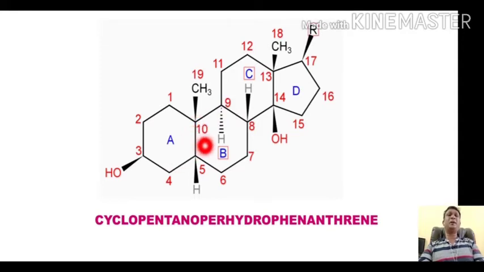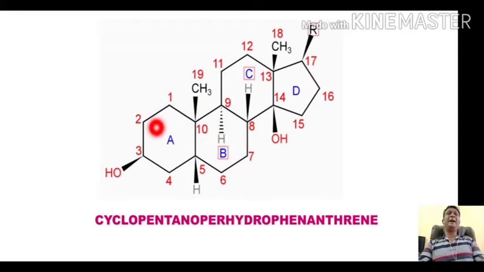Dear students, please keep this point in mind: we first number both rings A and B, and once the numbering in A and B has ended, we start numbering rings C and D. So this is position number 10. Then this carbon is given number 11, 12, 13, 14, then 15, 16 and 17.